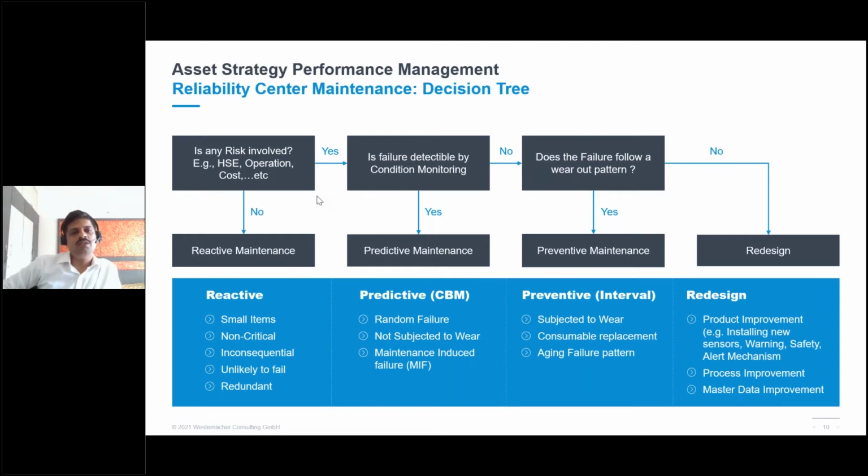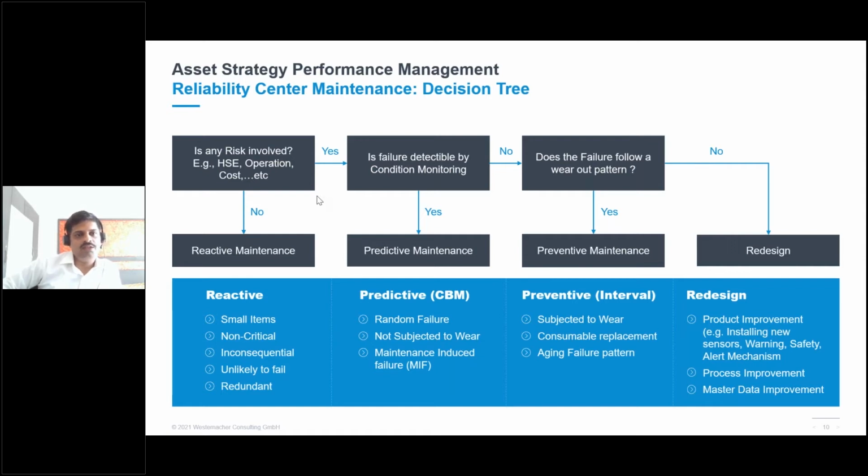But if none of these risks is associated with that equipment, then it could be a small item or non-critical item or unlikely to fail, right? And for such equipment, we can always rely on run to failure or reactive maintenance, because those are not harming our business processes.